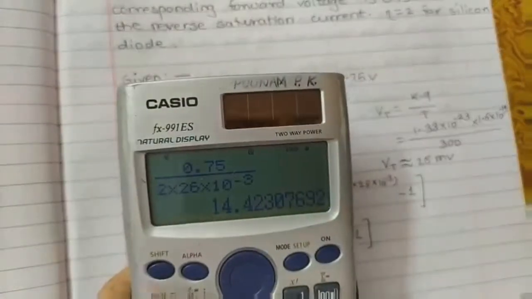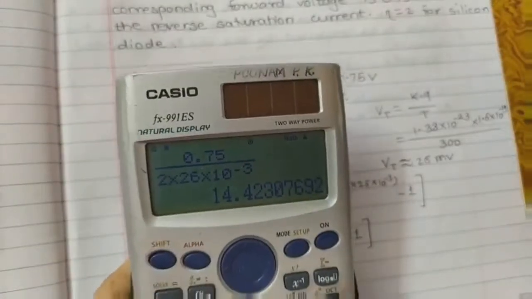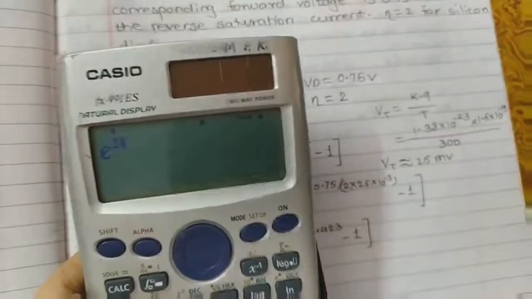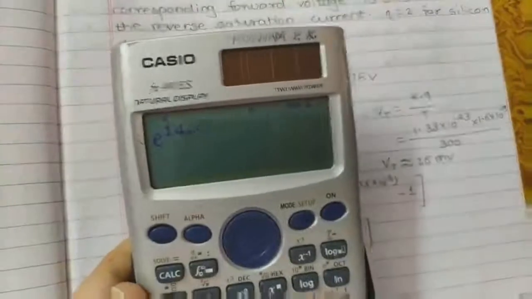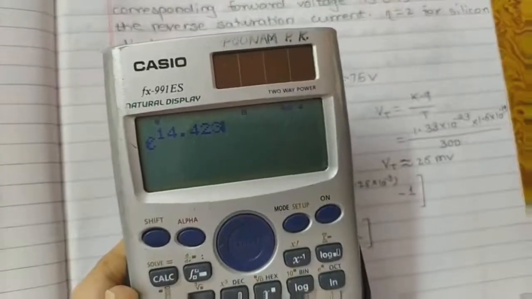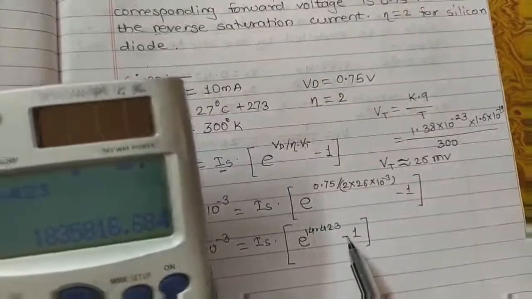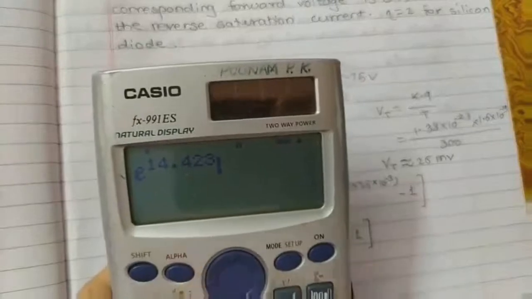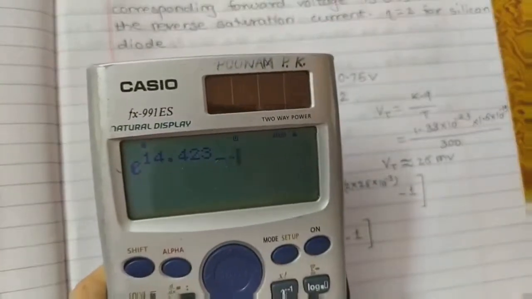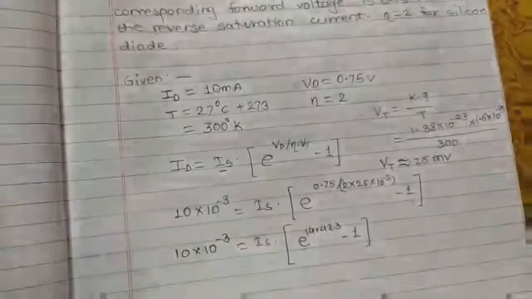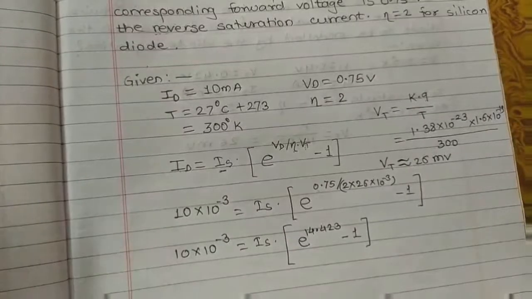After that we can calculate the value of e raised to 14.423, which is equal to this much, and from this we subtract 1.